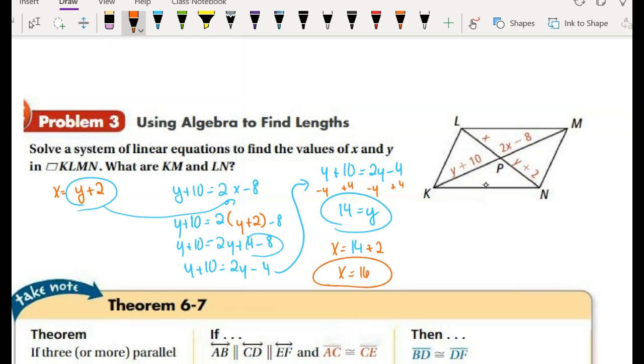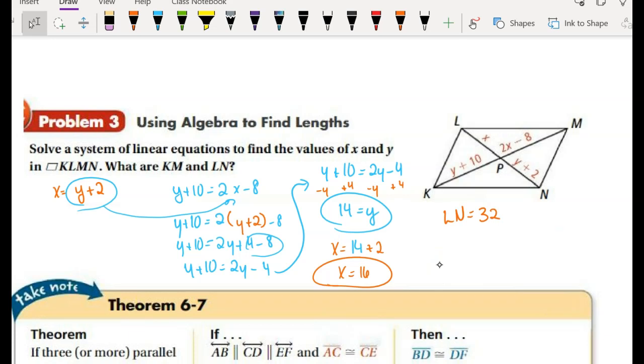The next thing I'll do is plug that in. Well, x is equal to 16. What's x times 2? I know these two sides are congruent, LP and PN. So x is 16, so I know that LN is equal to 32.